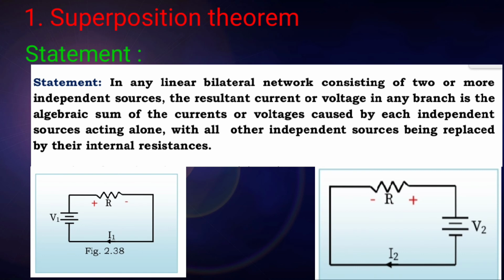So henceforth, in this theorem we need to understand finally what it is: the resultant current or voltage in any branch. How do you find it?